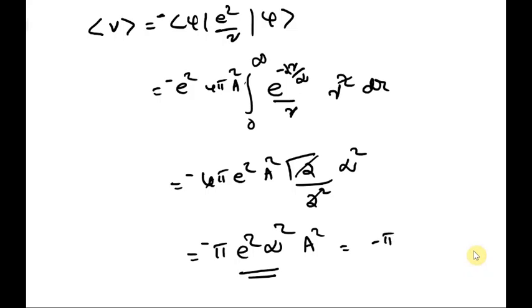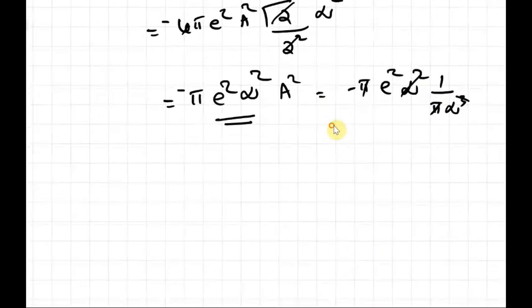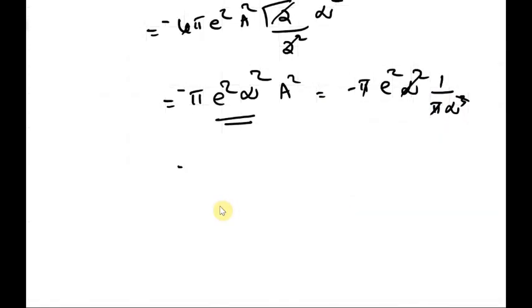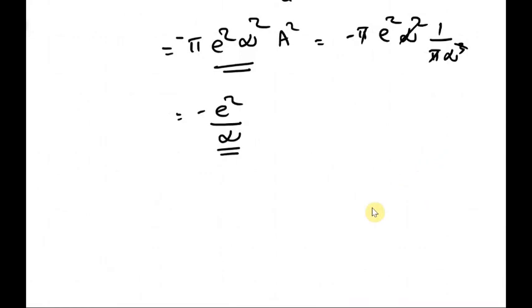Minus pi e square alpha square. A is 1 by root pi alpha cube. So a square is 1 by pi alpha cube, and this pi cancels, alpha square cancels, and we will only be left with minus e square by alpha. Minus e square by alpha is your expectation value of the potential.